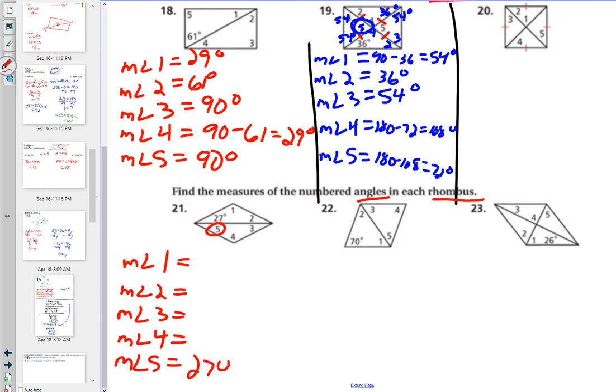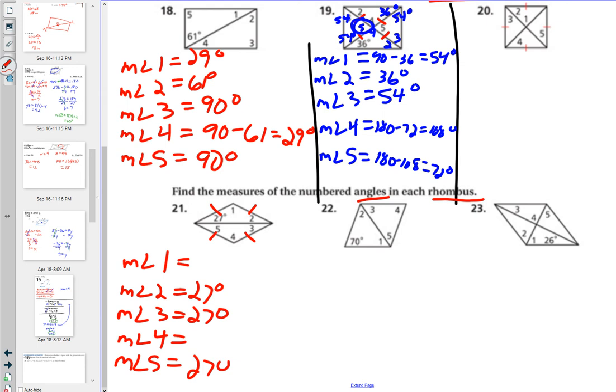And then kind of the same thing, we were clever about this because on a rhombus all the sides are equal. That makes those two triangles isosceles. So not only is 5 going to be 27, 3 has to also be 27. 2 has to be 27 degrees. And then 1 and 4, you would just take whatever is left over.